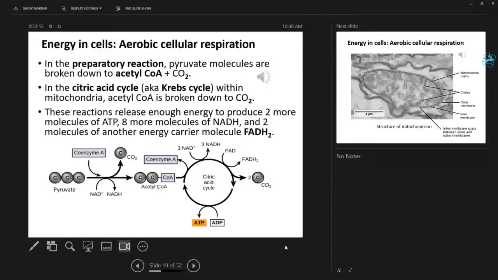So this is called the preparatory reaction, or the prep reaction, because it's preparing for this next step called the citric acid cycle or the Krebs cycle. And this is actually a very, very complex, complicated set of reactions.